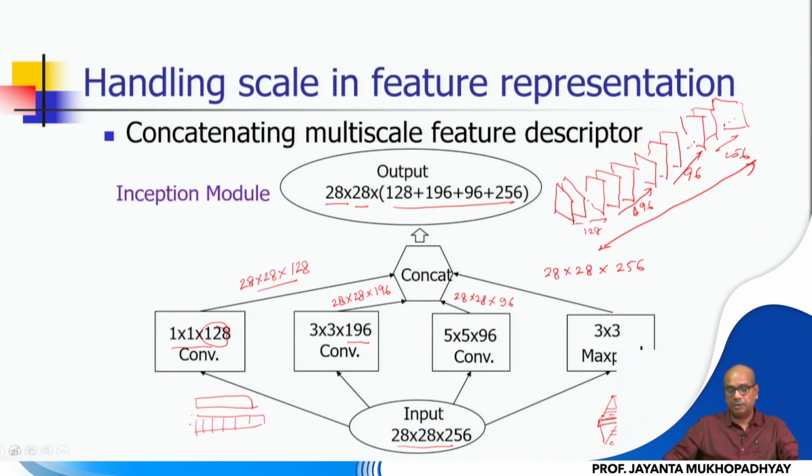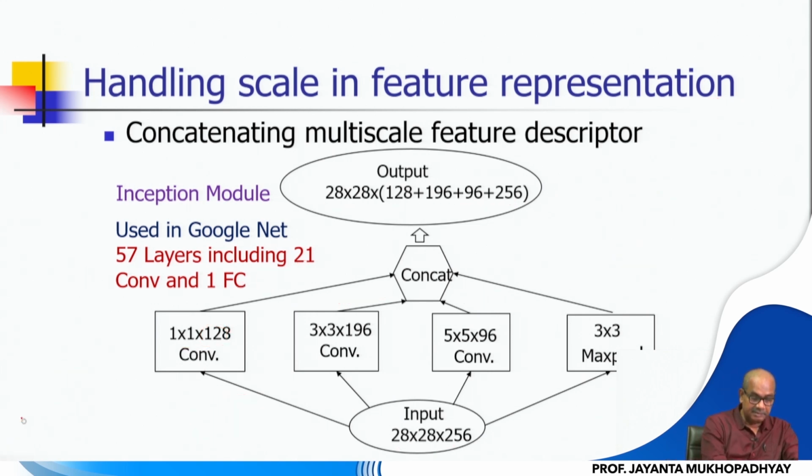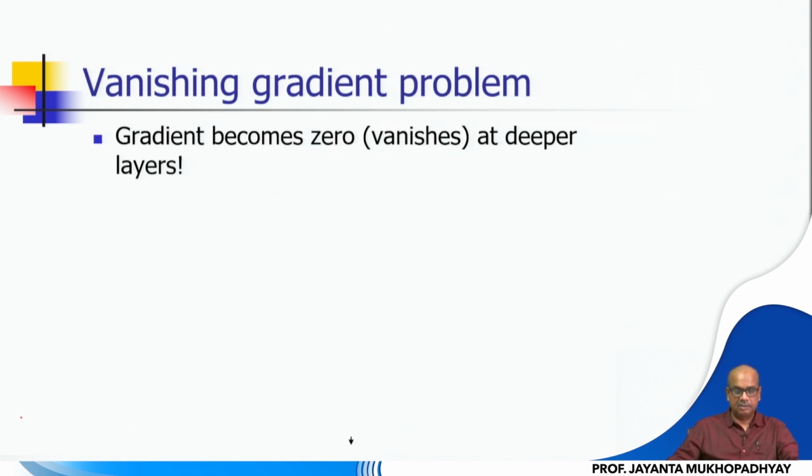This kind of module is called the inception module, and it is used in GoogLeNet, where you have 57 layers, including 21 convolutional layers and one fully connected layer, and others are having some pooling and other things.